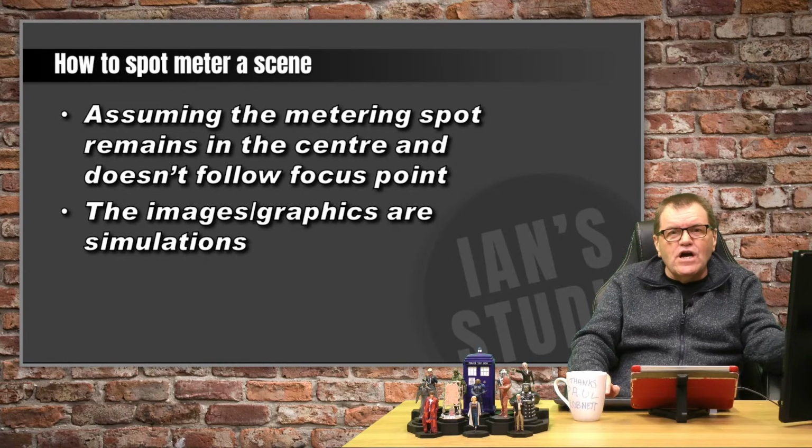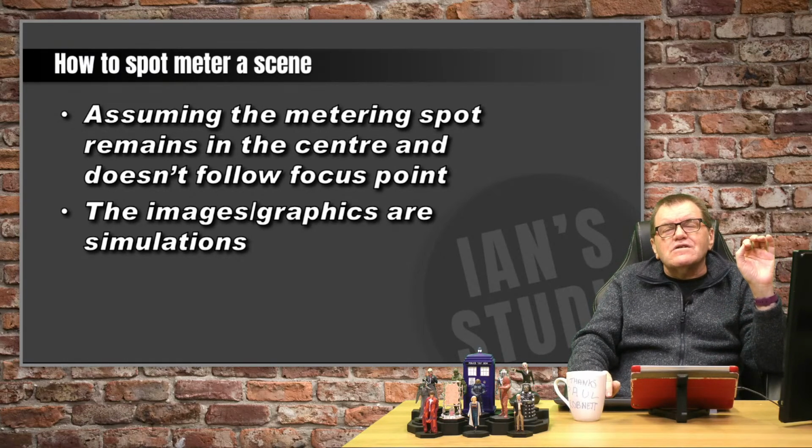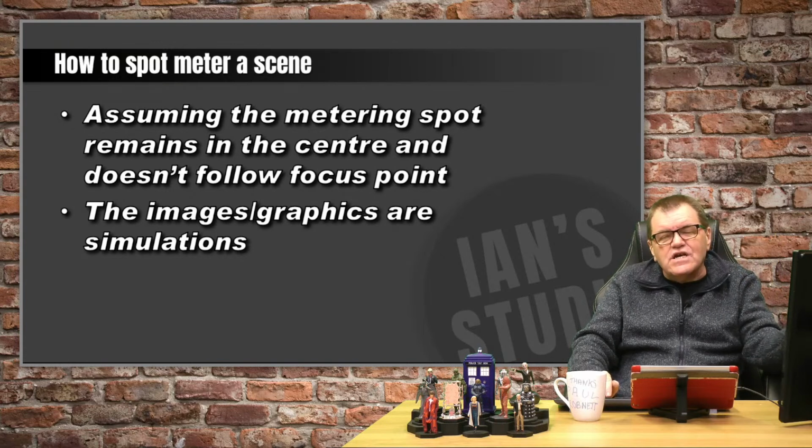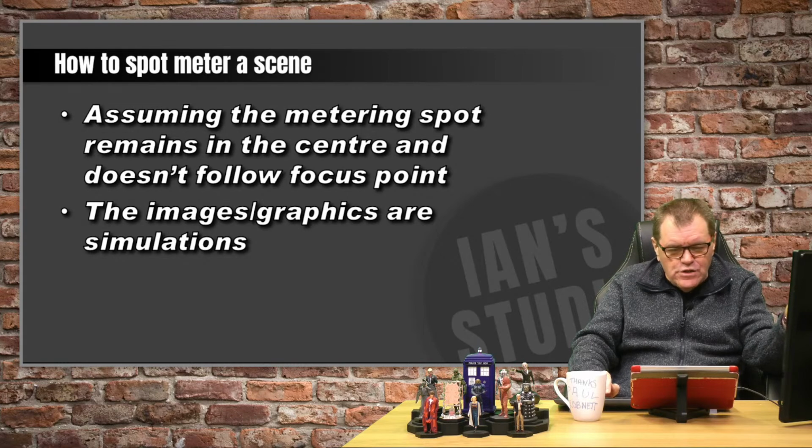I've taken an image and overlaid graphics to show what you can expect to see through your viewfinder as you do this. It gives me a way to explain what's going on. It's not a genuine view of what I saw through the viewfinder as I was doing it.